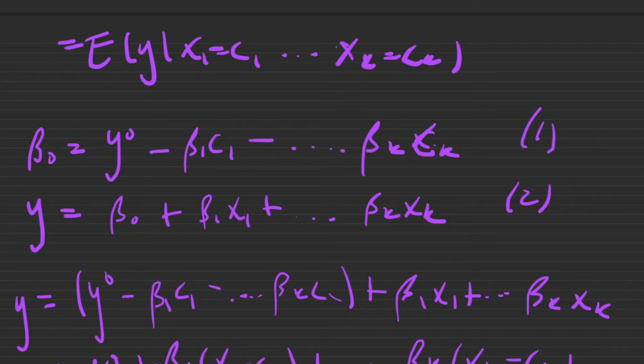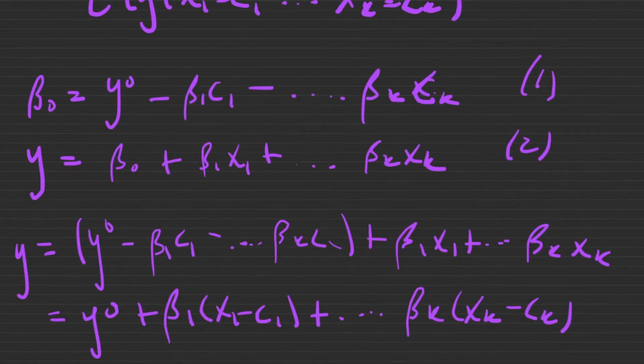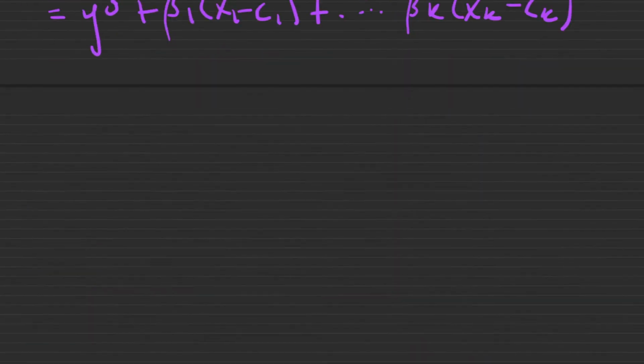So we run a regression of y on x1 minus c1 through xk minus ck, and we obtain the estimate for y0 hat as the intercept in that regression, and the standard error of y0 hat gives us that standard error.